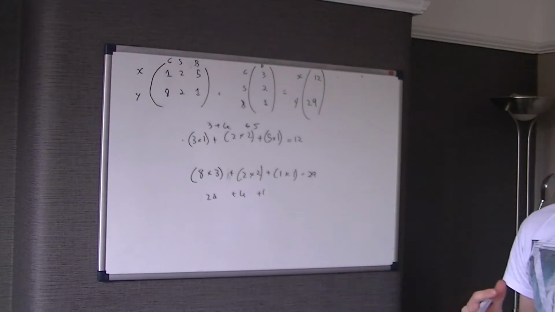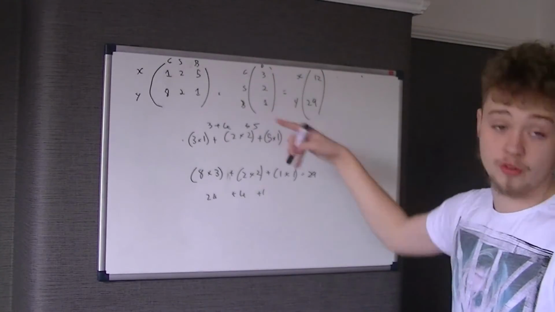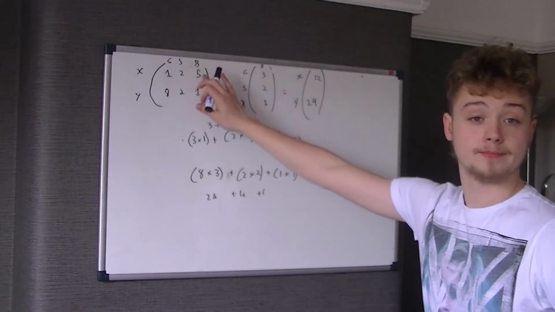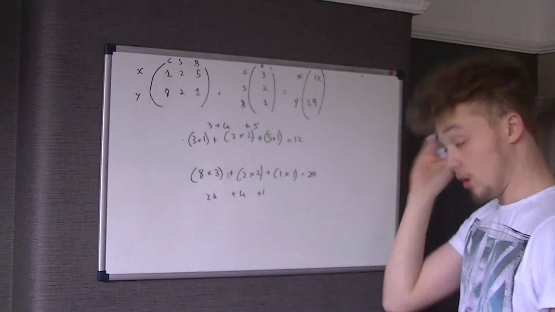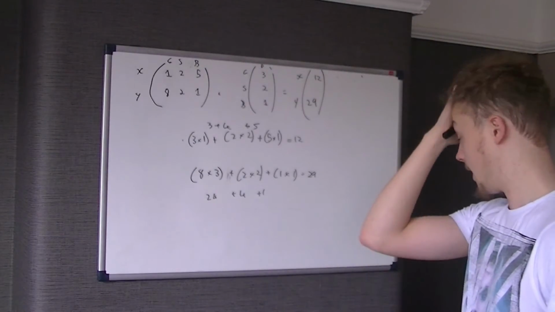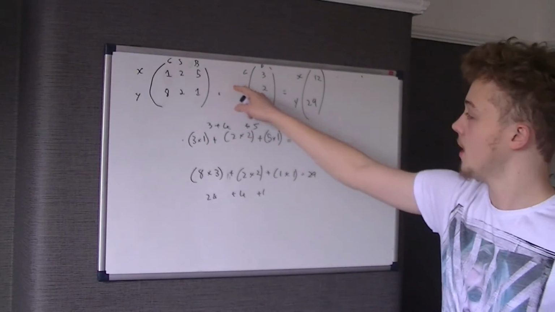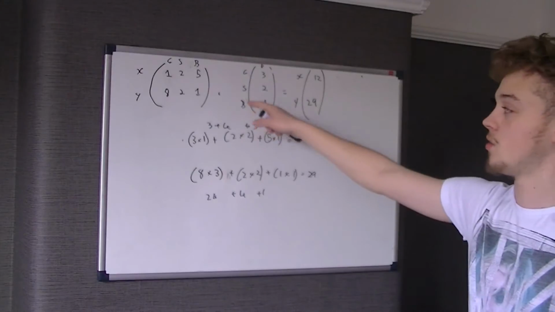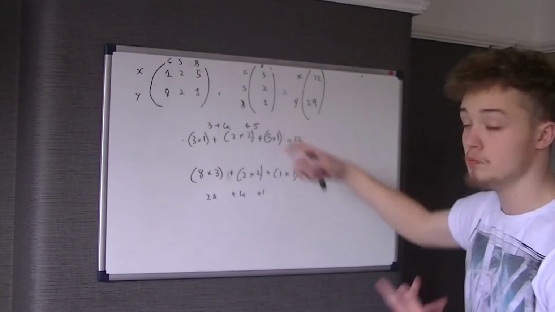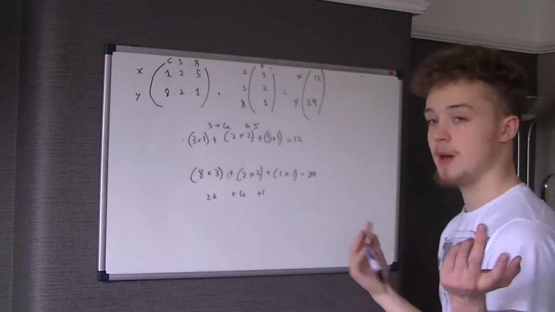Now, the reason why I said we need the same amount of numbers in the column of one matrix as in the row of the first matrix is that if we had another medal but we didn't have any points for that medal, in terms of we didn't actually write a number there, let alone 0, because that is a number, weirdly enough, we wouldn't be able to add it up.